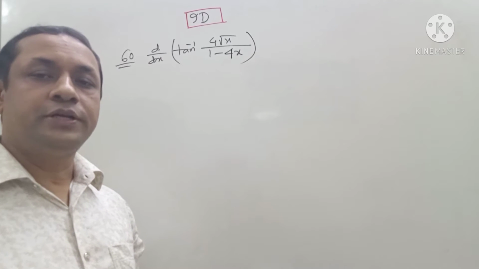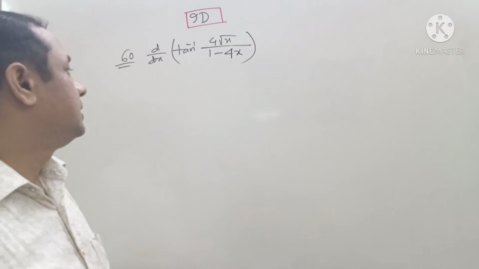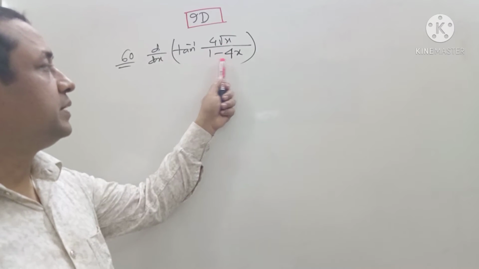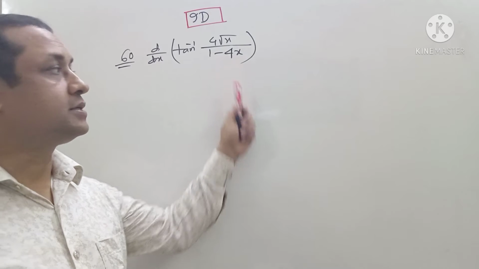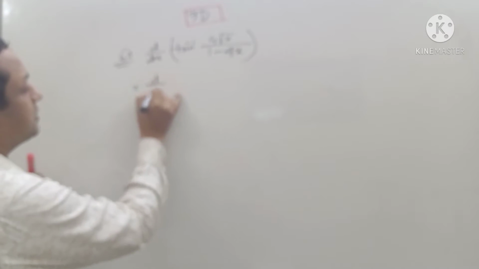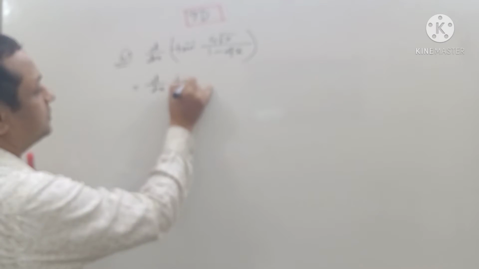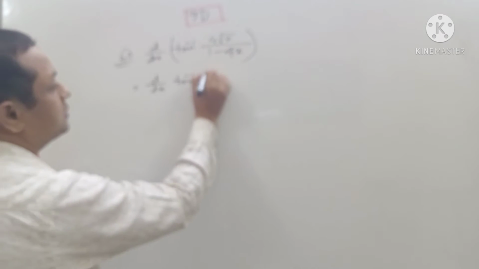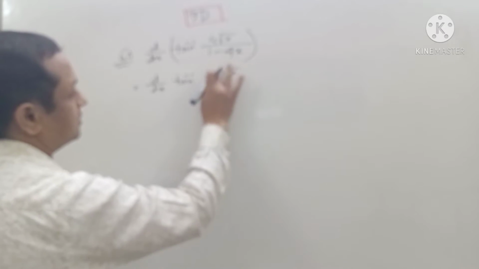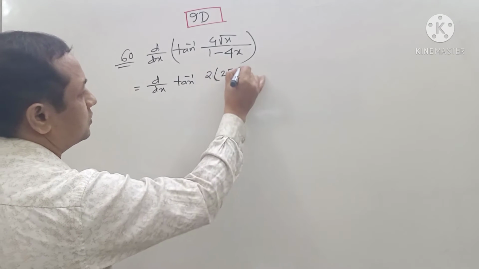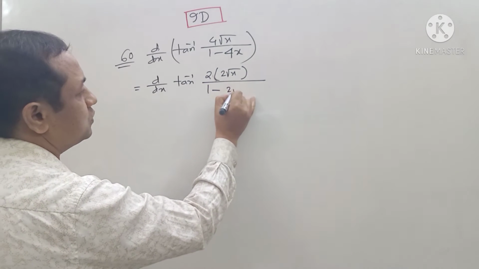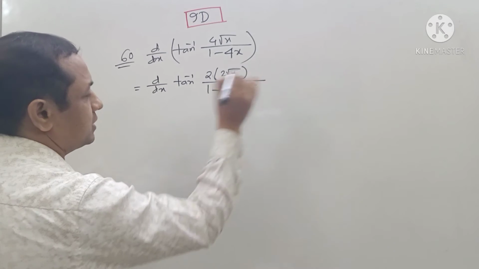Students, question number 6t: d/dx of tan inverse of 4 root x by 1 minus 4x. So we have d/dx of tan inverse, and we can write 2 into 2 root x by 1 minus (2 root x) whole square.